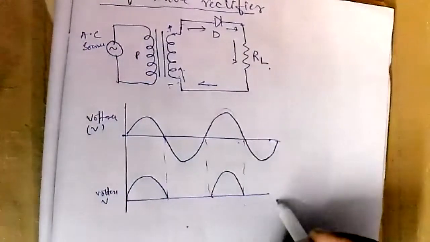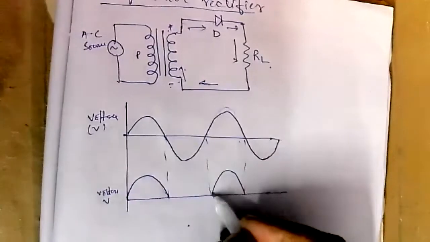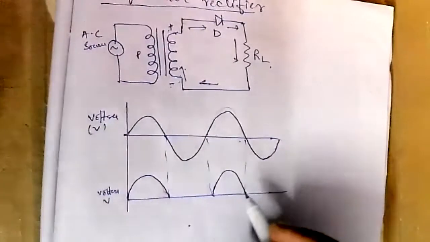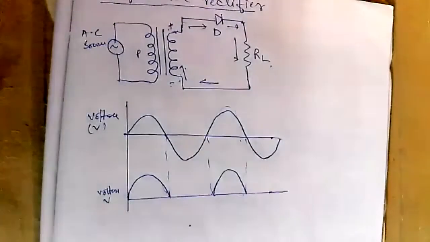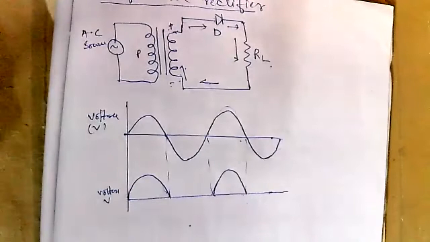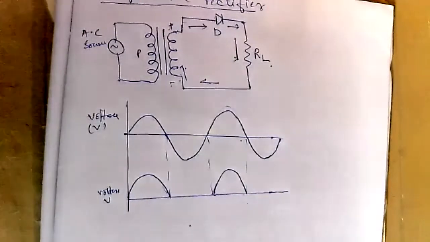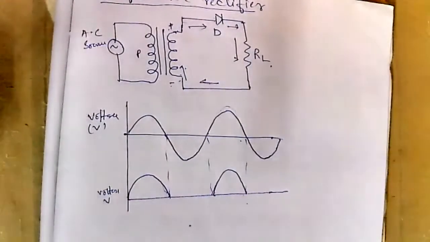But in the next half cycle, there will be no current, so no voltage drop. So here you can see why it is called half wave, because only the half of the wave is rectified and the other half is completely blocked. So that is why it is called half wave rectifier. Is it understandable?